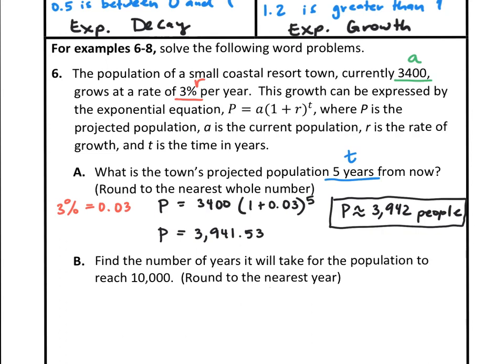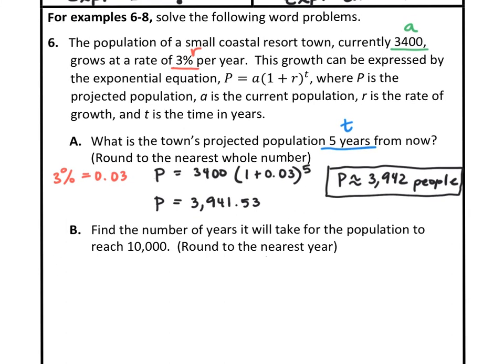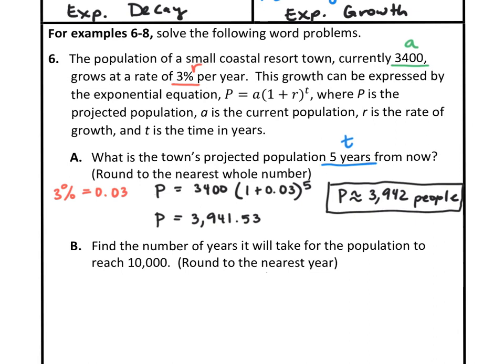Okay, let's look at part B now. Part B is asking, find the number of years it will take for the population to reach 10,000. Okay, keep in mind that the current population is how much? 3,400, right?